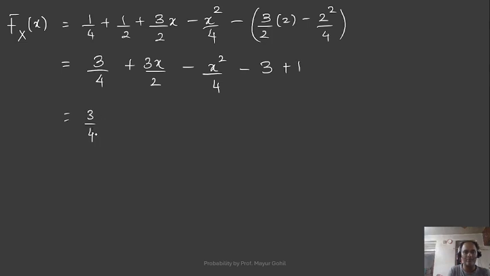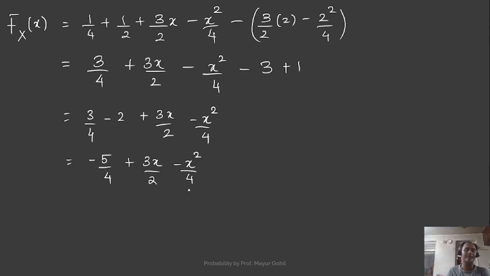So 3 by 4 minus 2 plus 3x by 2 minus x square by 4, and it's minus 8, so it's minus 5 upon 4 plus 3x by 2 minus x square by 4. That's our answer for F of x in the interval 2 to 3. Now comes the next question.